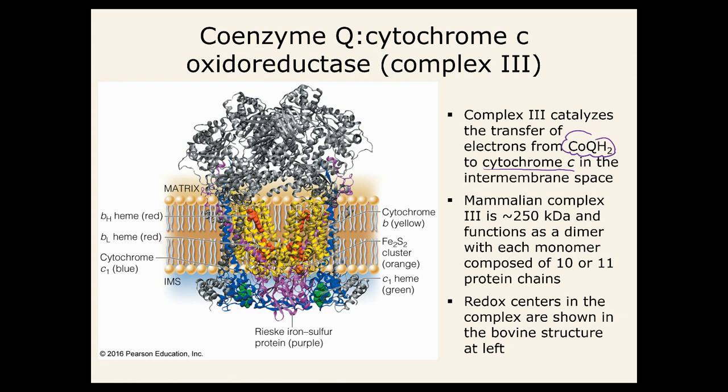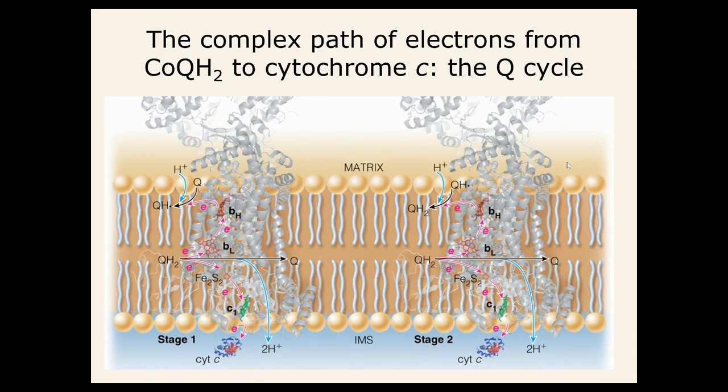This is a really incredible looking structure, and you have a series of cytochromes within there. Here's another one showing all the different types of redox reactions that are occurring. You don't need to know the specifics here, except to understand that there's a series of redox reactions.